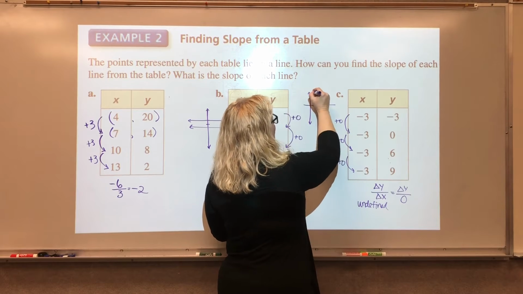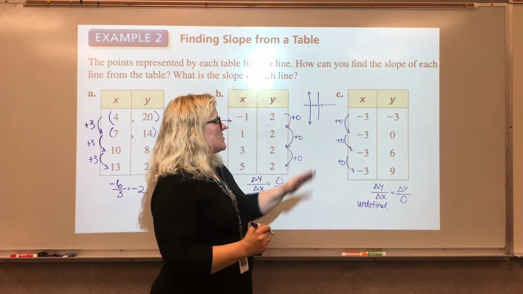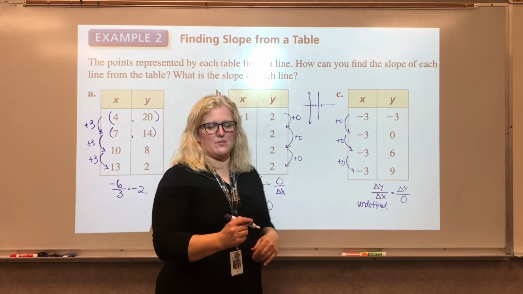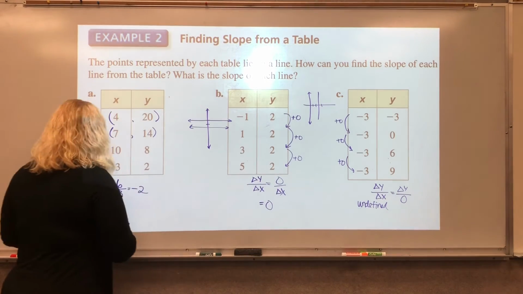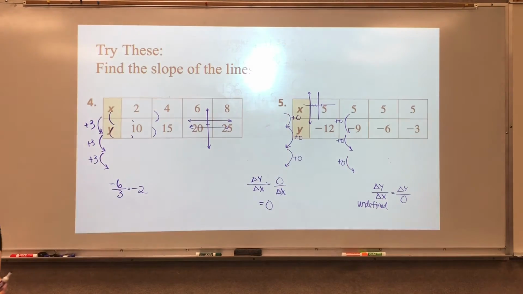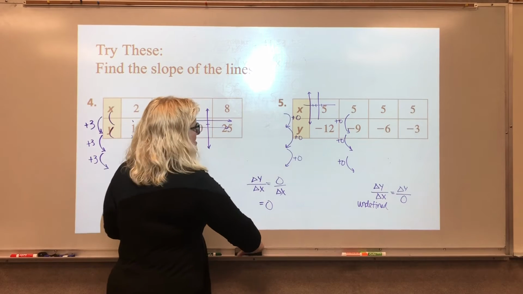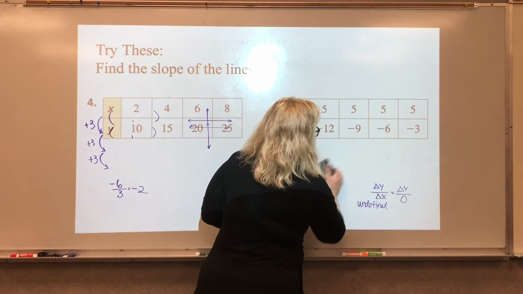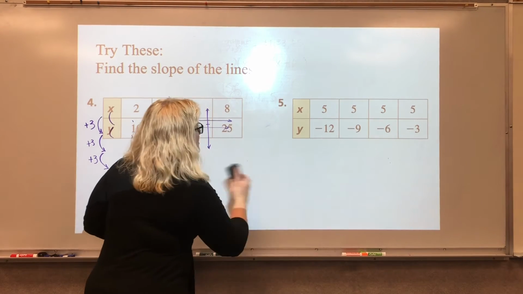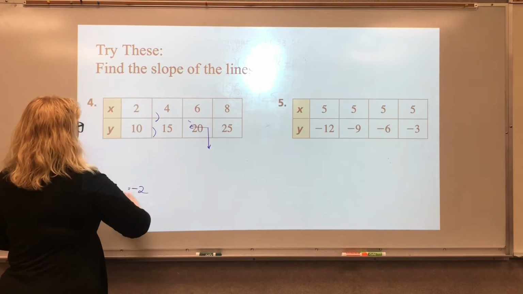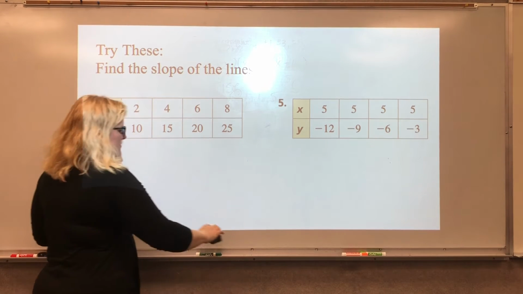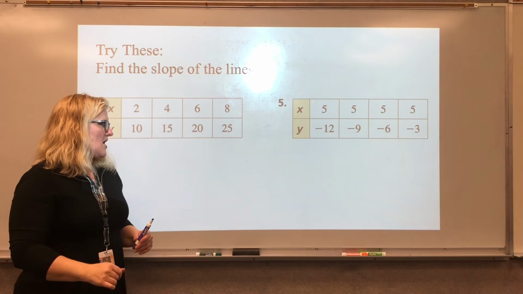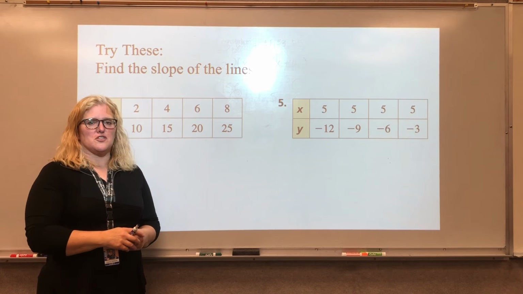So it would look like this. You can see it's undefined because it's straight up and down. All right, so I want you to try these. Now the thing is that these are now horizontal instead of vertical, but the concept is the same. So go ahead and pause your video.